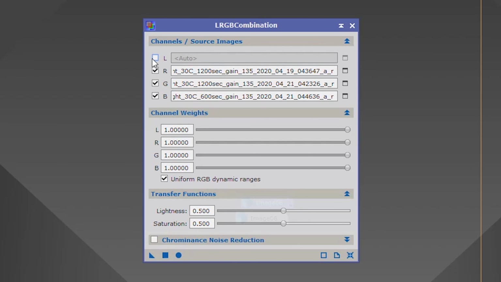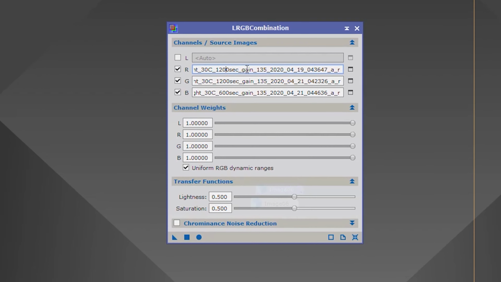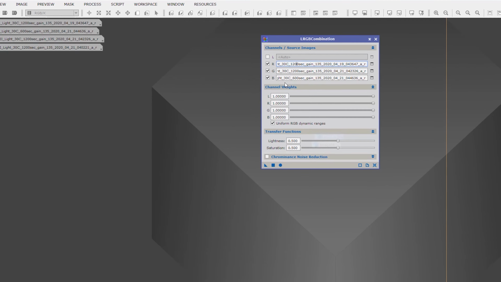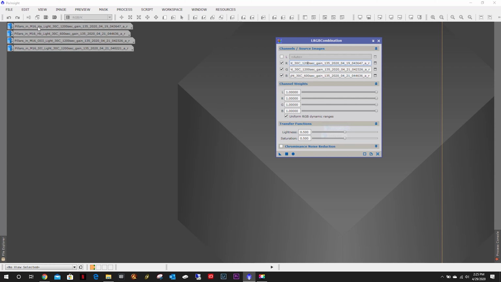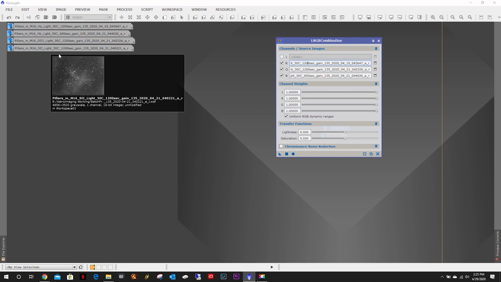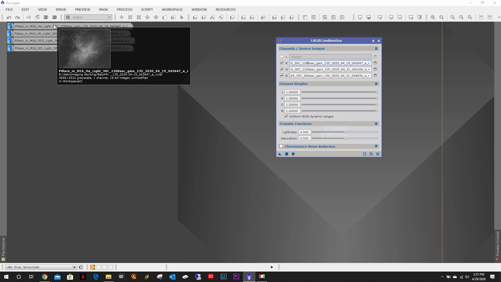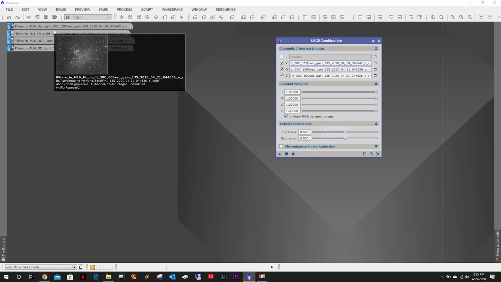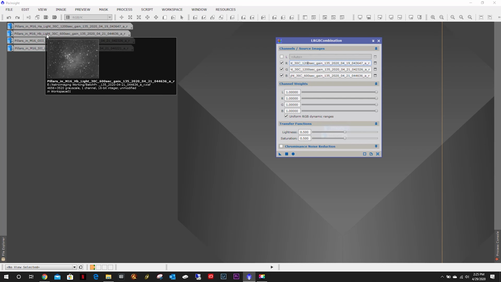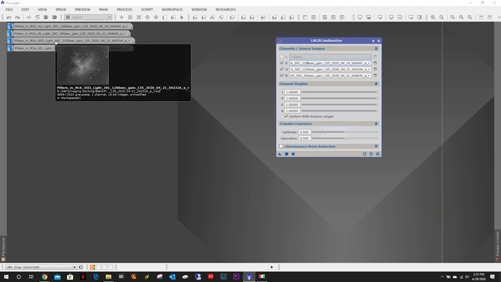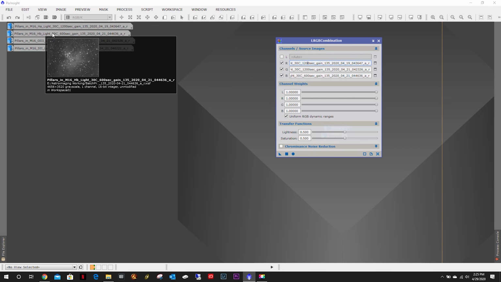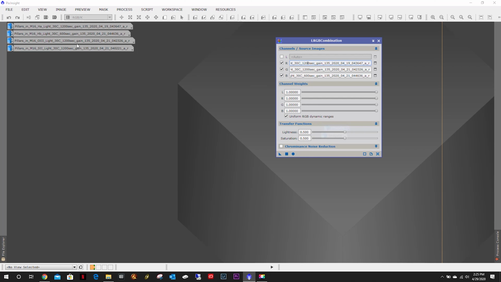And then I just mapped out, in this particular case, what would be true color: S2 would be our red, H alpha gives us more detail, O3 would be our green, and hydrogen beta would be our blue band.